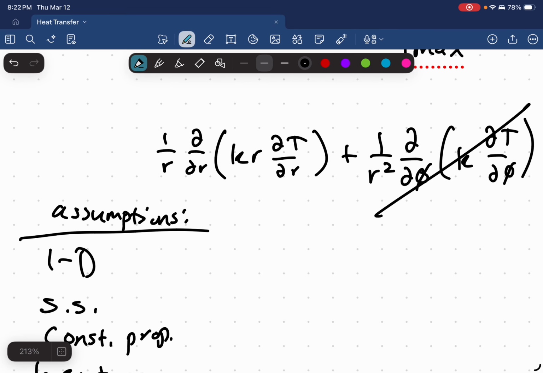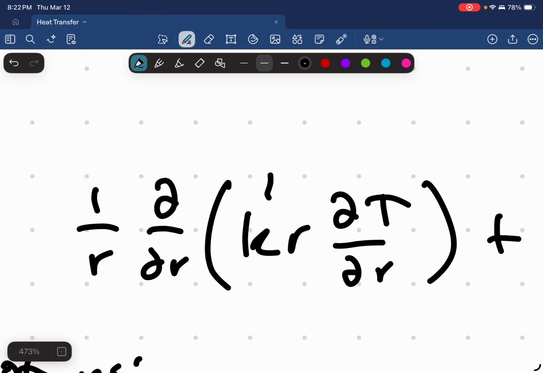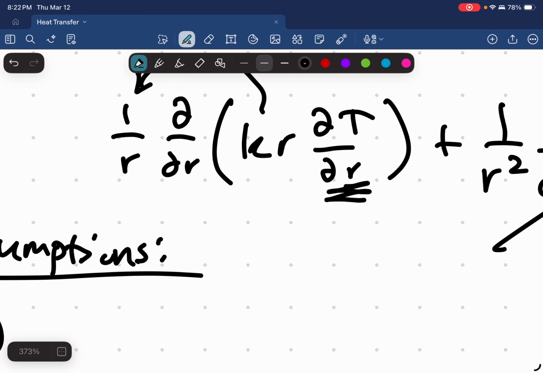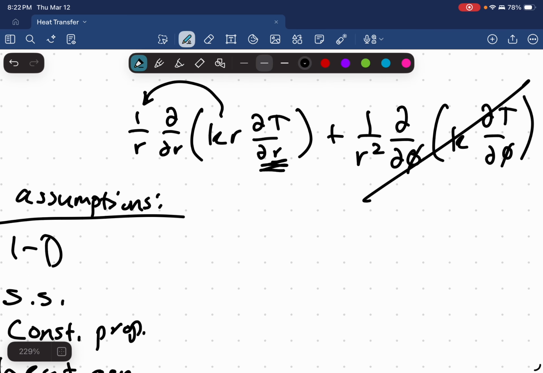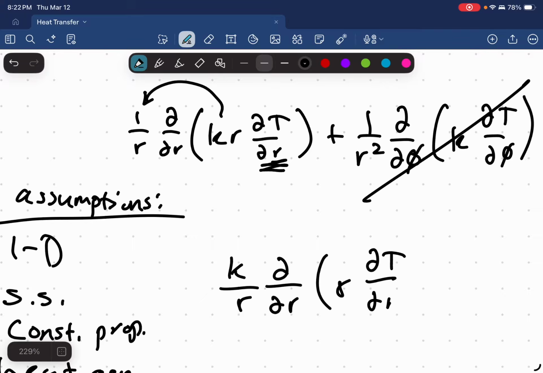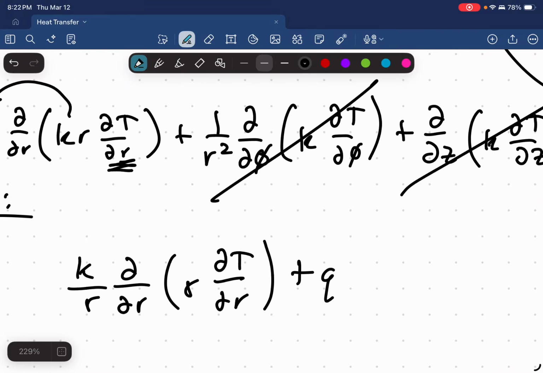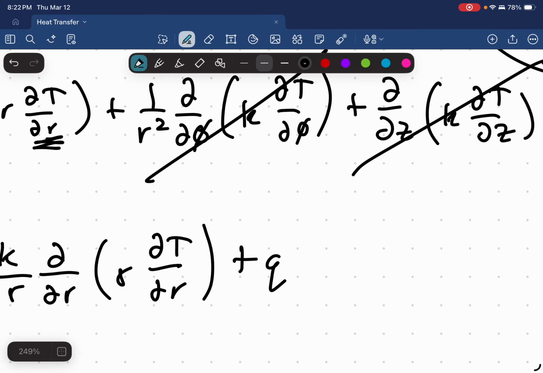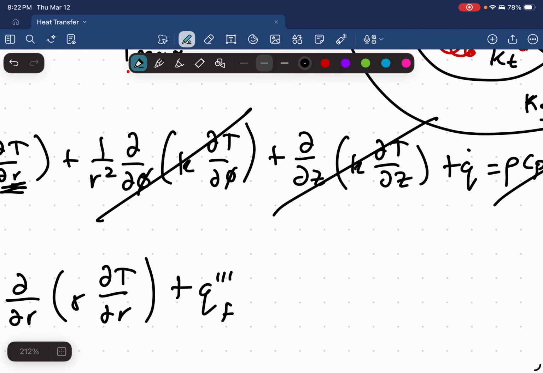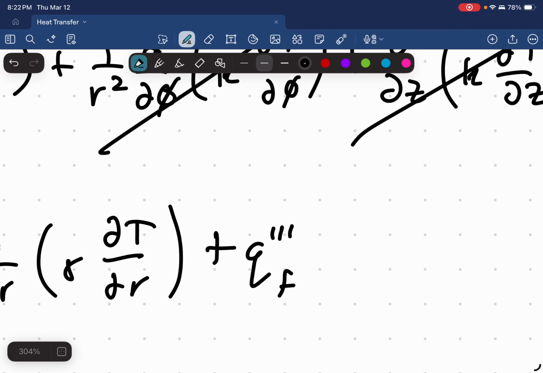Also, constant properties means that we can take this k variable to the outside of the derivative because it's not in relation to the independent variable of this dT over dr. So the equation we end up with is k over r, and then d over dr, and then r dT over dr, plus the q dot, which is our q triple prime times volume.